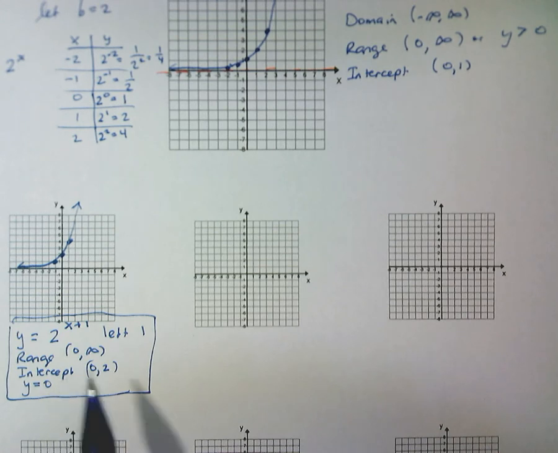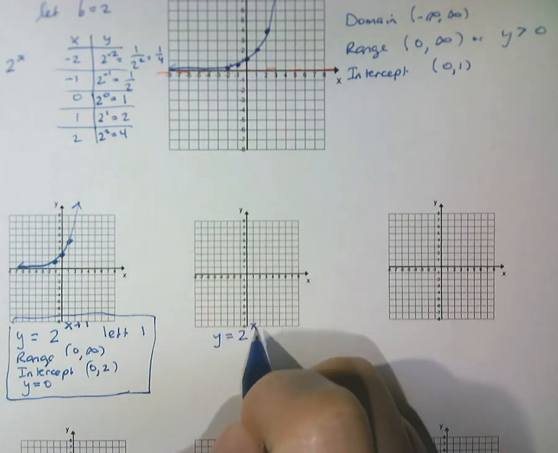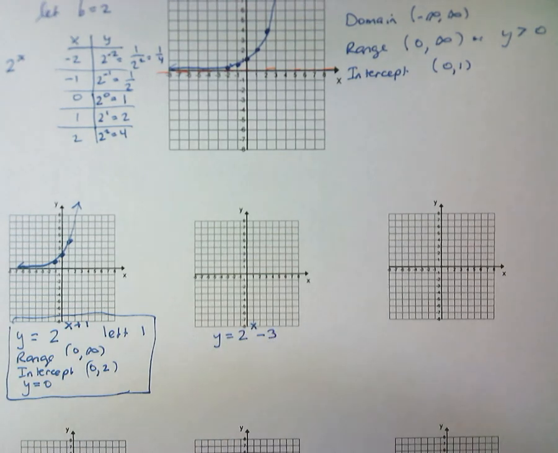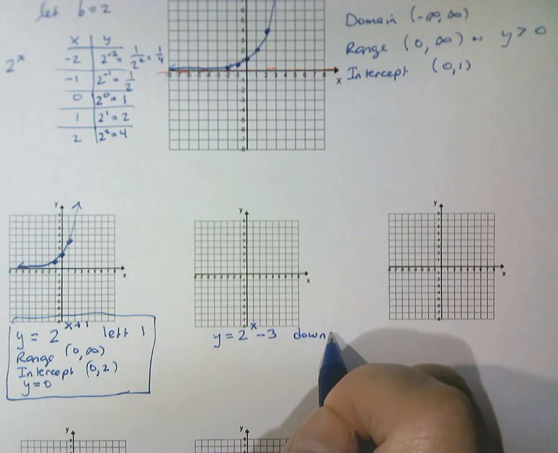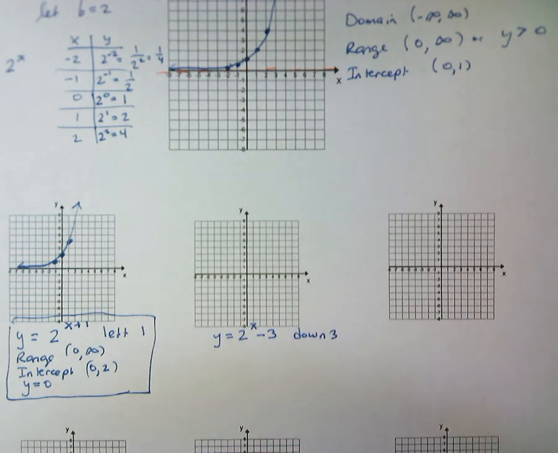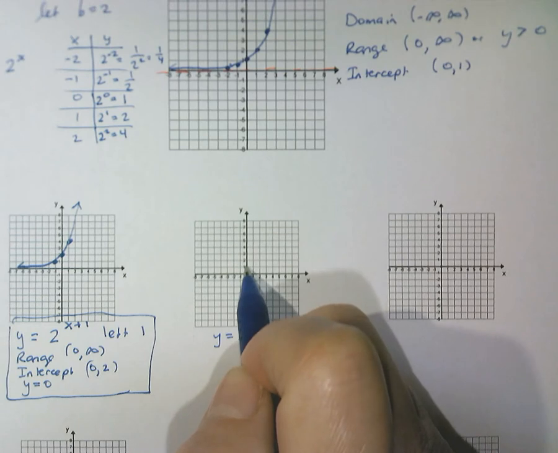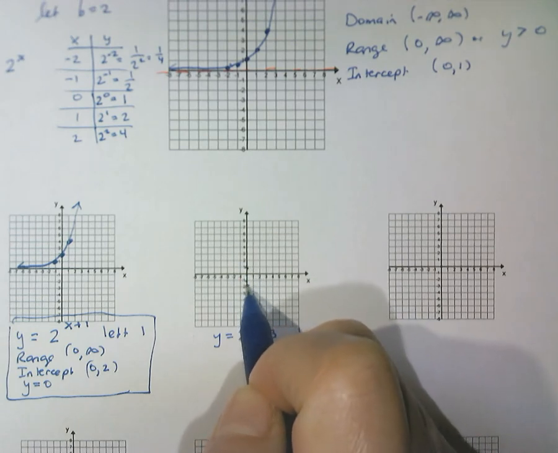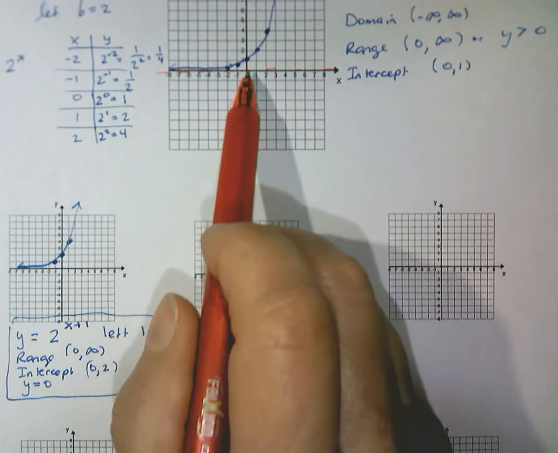Let's try another one. Let's do y equals 2 to the x power and then minus 3. The minus 3 is not with the exponent. So this is going to go down 3. So I start at 0, 1, that's the point I always start with. I'm going to go down 3. So 1, 2, 3. There it is. I'm also going to take my asymptote and move that down 3.